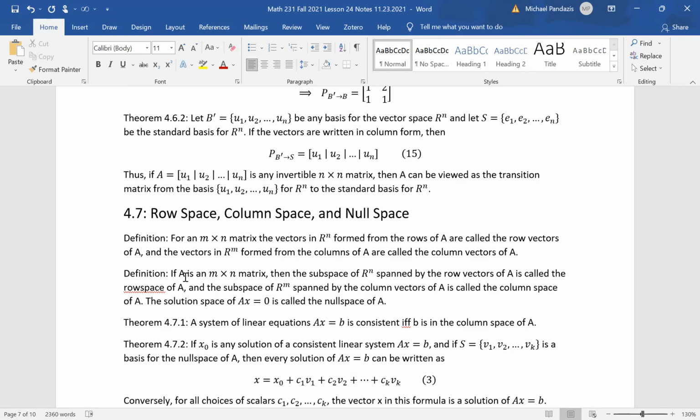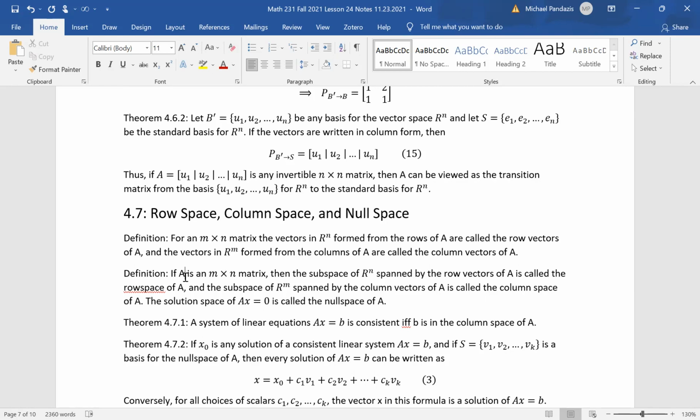That's the row space of A. Also, if you take the columns of A, and you look at the span of those vectors, that's the column space of matrix A.